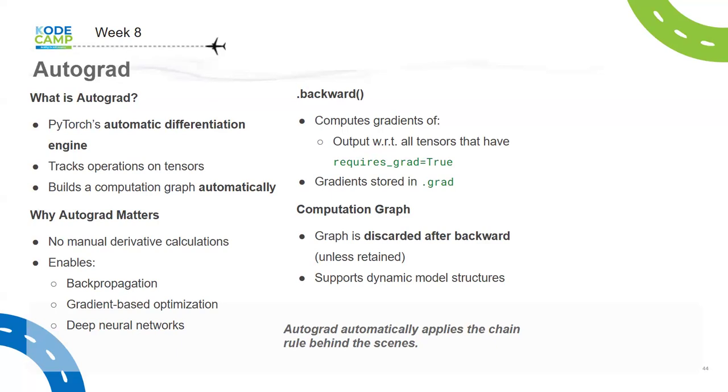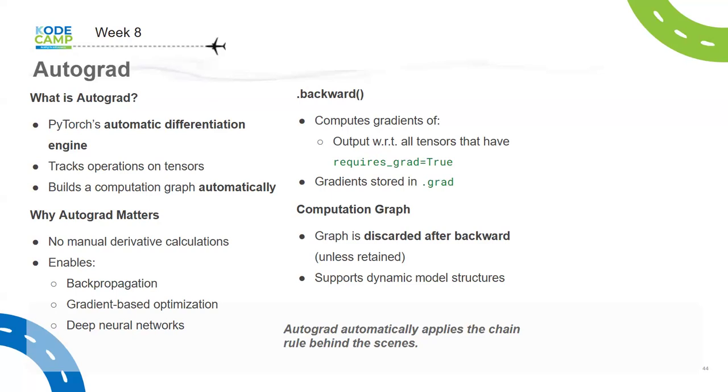The computation graph it builds is both the forward graph and the backward graph. The forward graph is for the forward propagation, the forward calculation that leads to the predicted output. Then the backward graph is what is used to calculate the gradient, and that's what it uses to automatically calculate gradients when you call loss.backward.